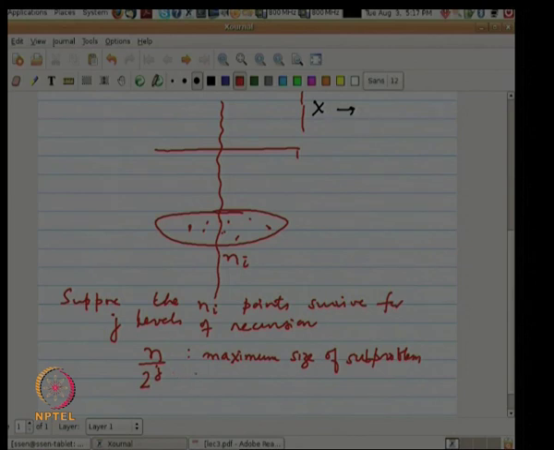So, if it has to survive j recursions, then this should exceed the cluster size, right.